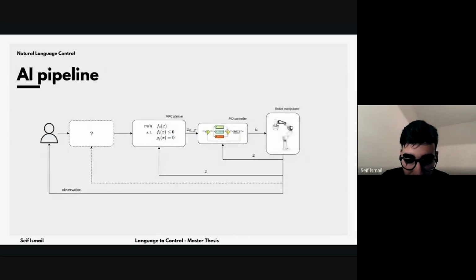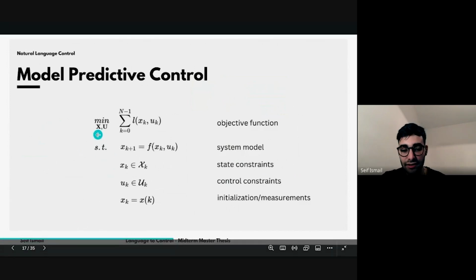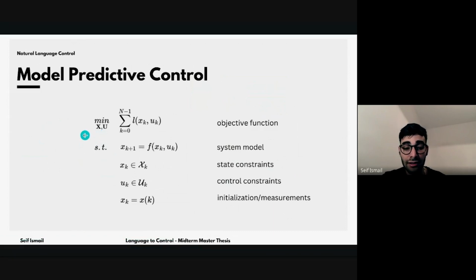Let me see. I have the code. I have this here. Okay. So an optimization problem essentially is, I have some variables. I have to make a decision. So these, in my case, are X and U. When you're training a neural net, what you're deciding on is the weights of your neural net.